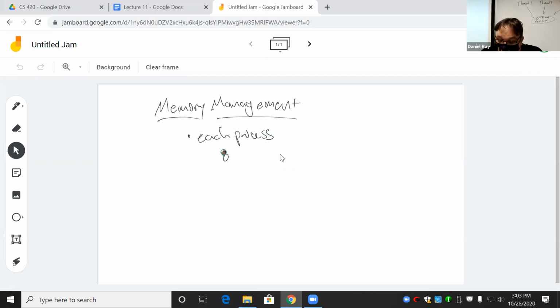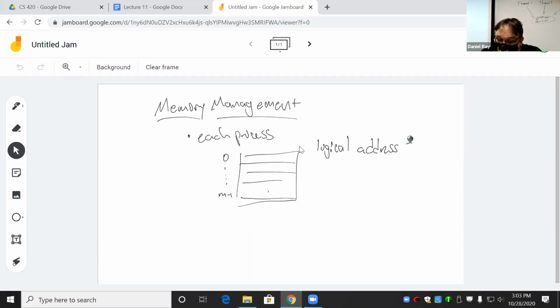And this memory goes from 0 to m-1, where it takes m memory addresses, okay? And this internal representation, which is consistent internally to each individual process, is called its logical address space.